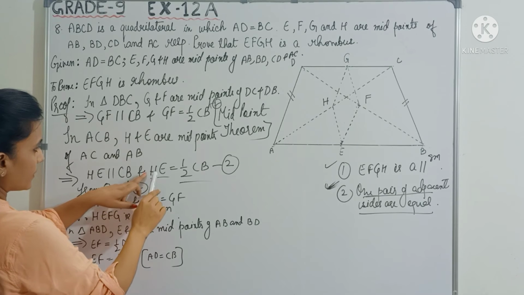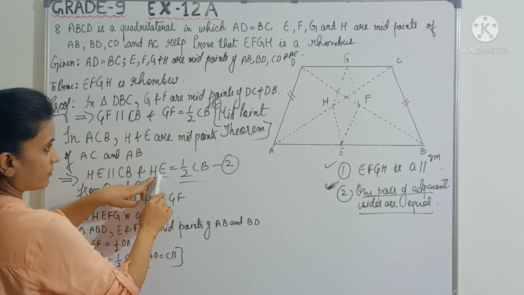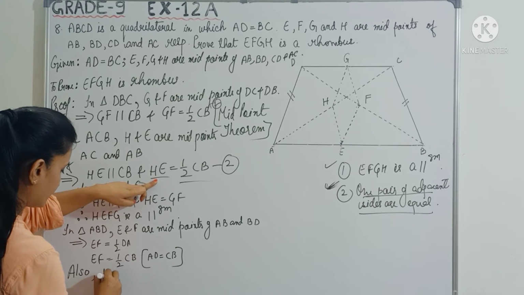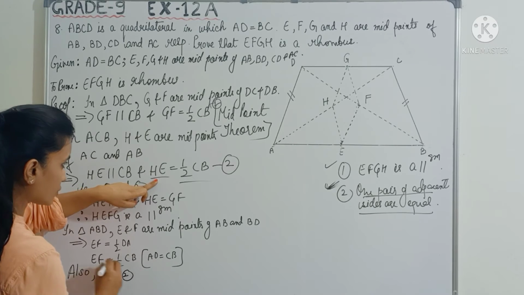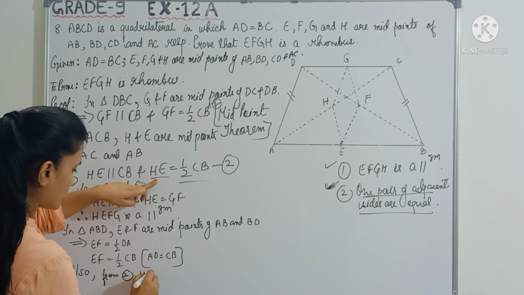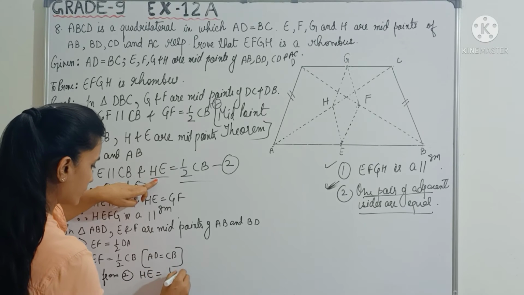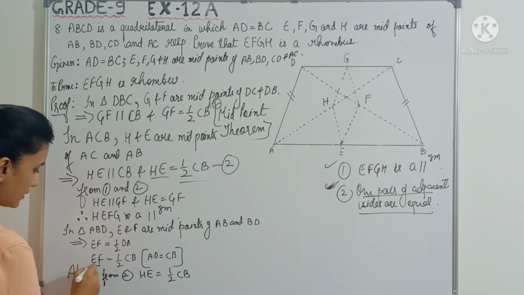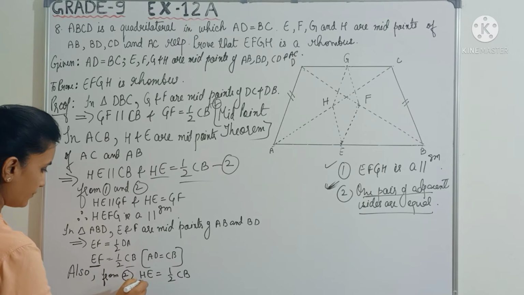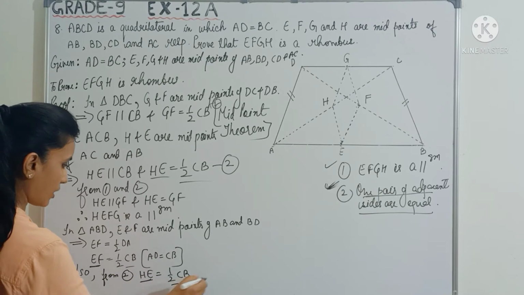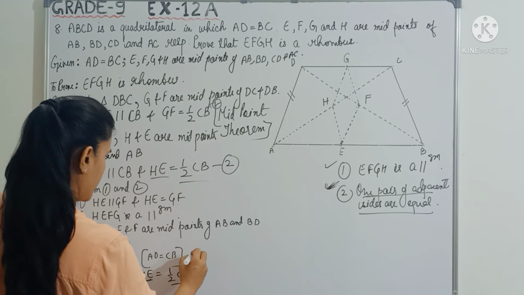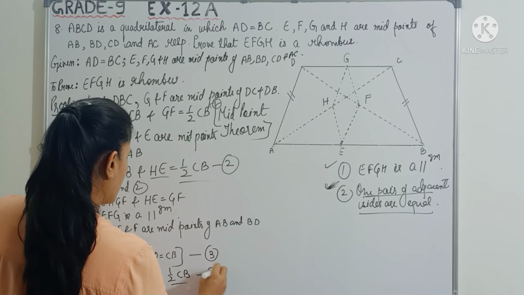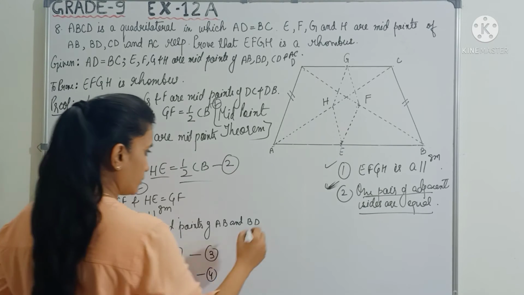You can see here EH or HE is equal to half of CB, right? So also from 2, HE is equal to half of CB. Now you can see that EF is equal to half of CB and HE is equal to half of CB. So let's say this is 3 and 4. So from 3 and 4, what can you conclude?